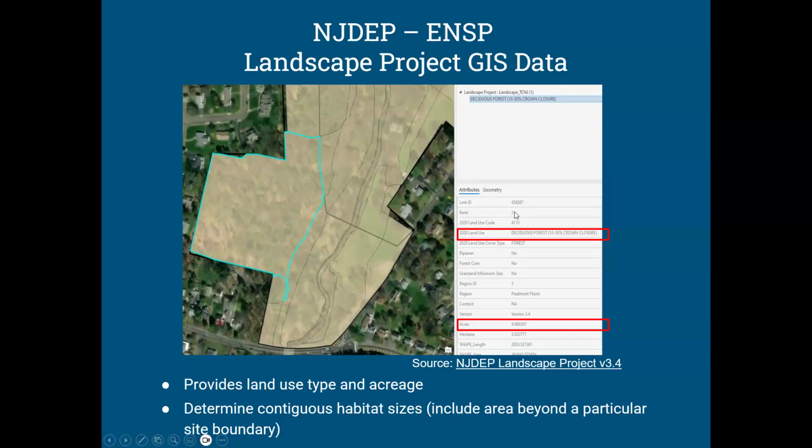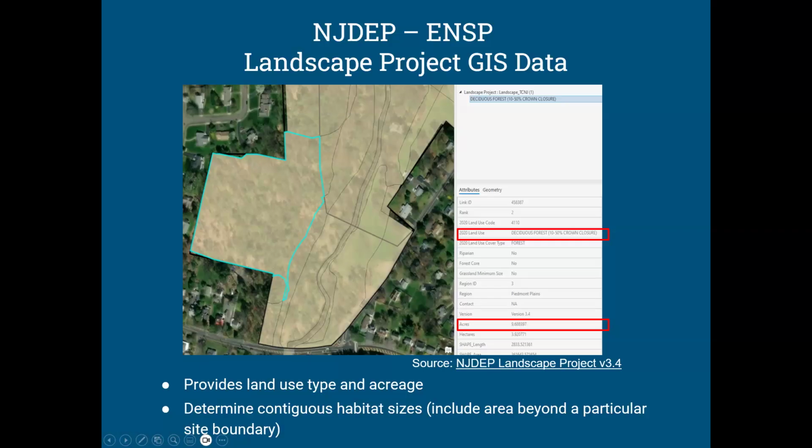The ranks go from 1 to 5. And the values are associated with whether there's the presence of federally listed or state listed species, the ranks go up. And it does allow you to tell what's the contiguous patch size. So in this case, it's just under 10 acres.